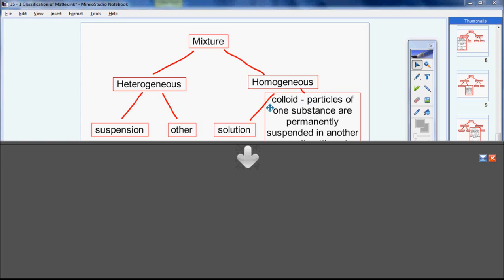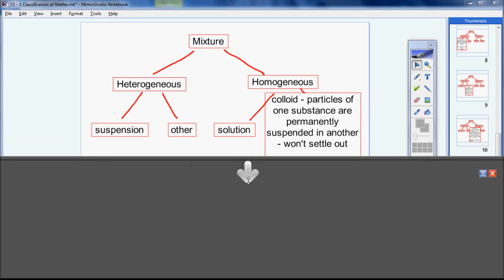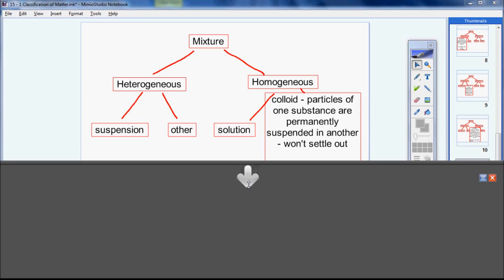In a solution also, they are together until something has happened to separate them. Okay, but they're not going to just fall apart like in a suspension. Things just fall apart because of gravity. A colloid will not settle out.